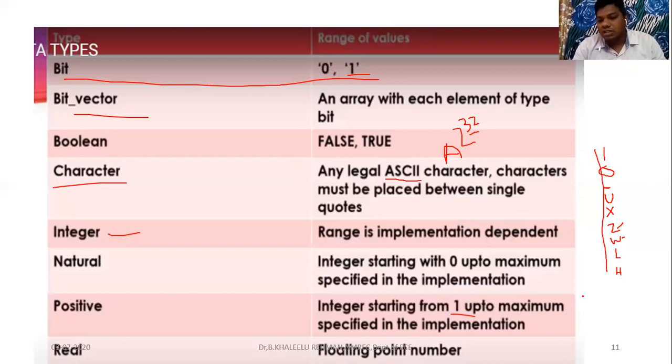This is the command we will be using, std_ulogic. All these are simulatable; all these we can simulate.